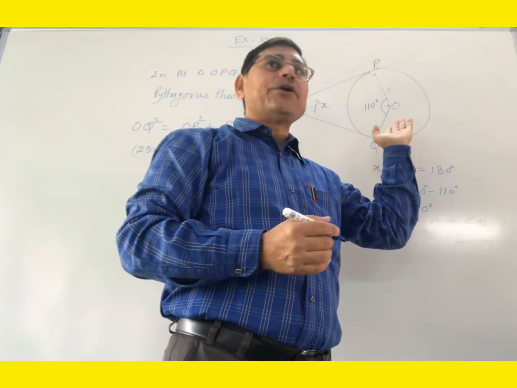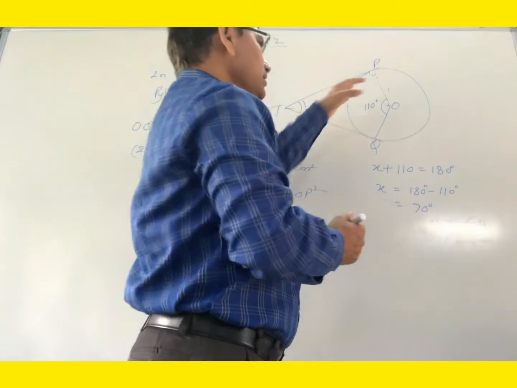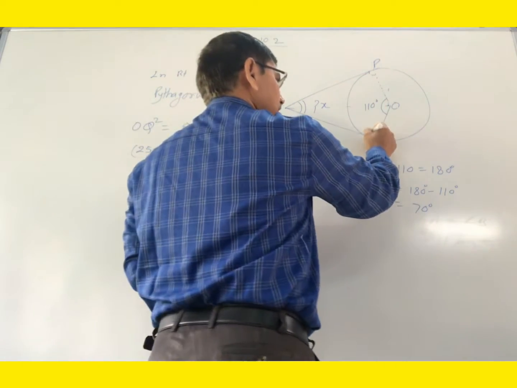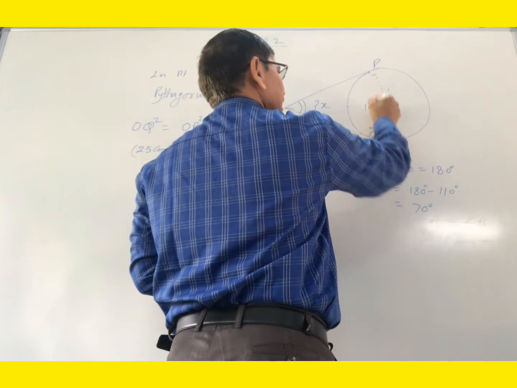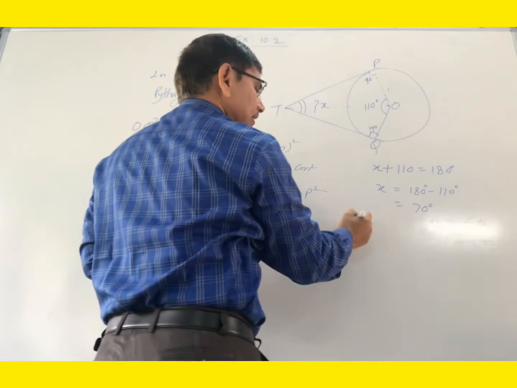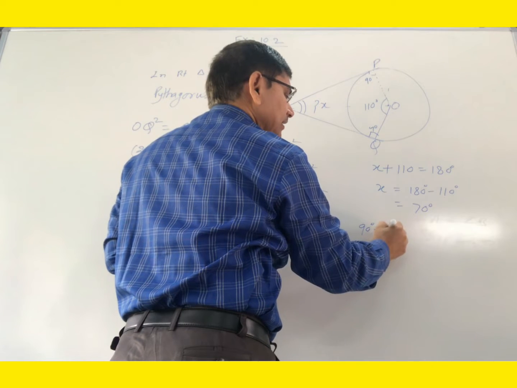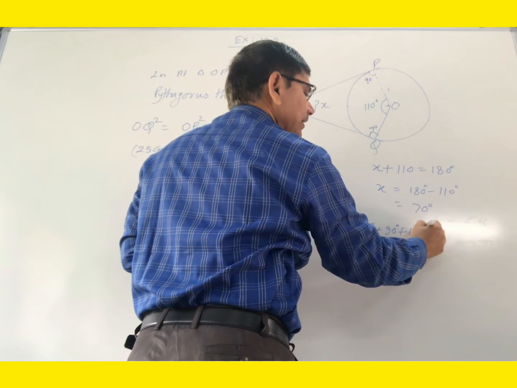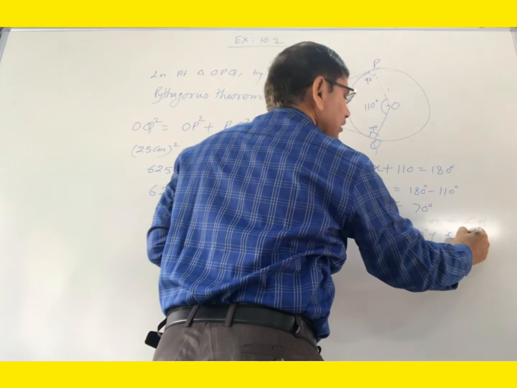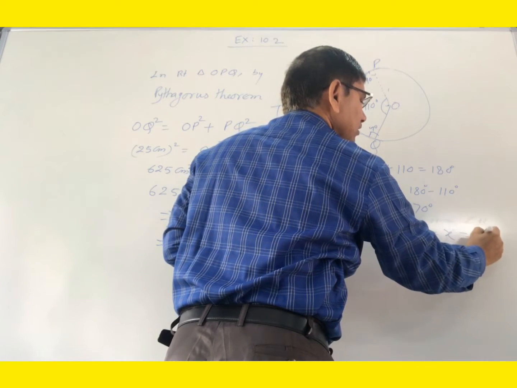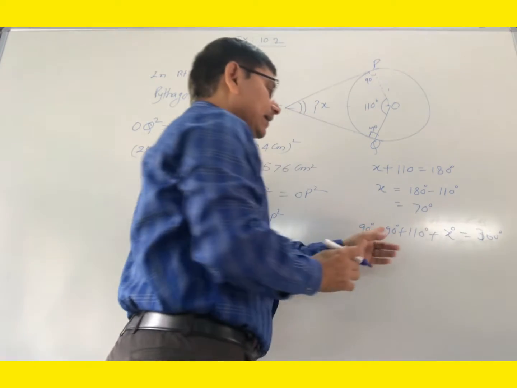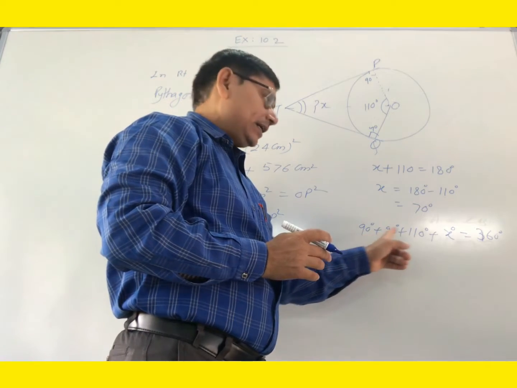Otherwise, you know the property of a quadrilateral, that the sum of all angles is 360 degrees. Because this is 90 and this one is 90, 90 degrees plus 90 degrees plus 110 degrees plus x degrees equals 360 degrees.